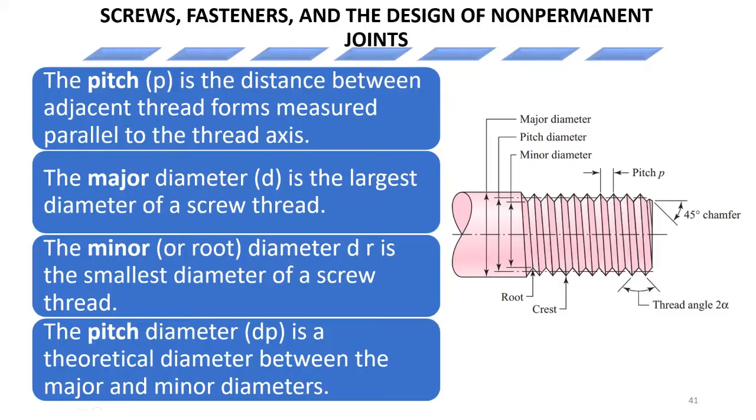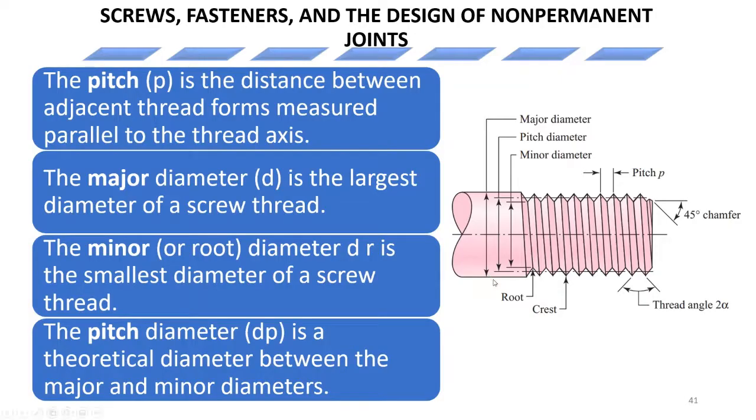Then we have the major diameter. The major diameter is the largest diameter of a screw thread. So that is the distance from that point to that point, which is the diameter of the screw thread.